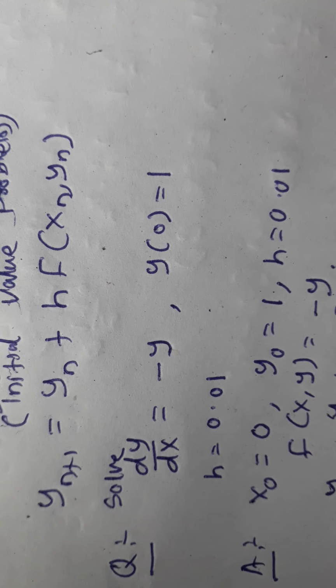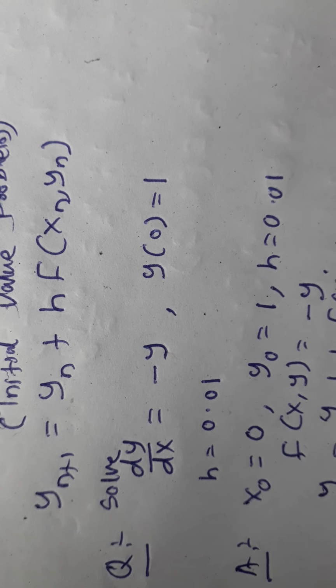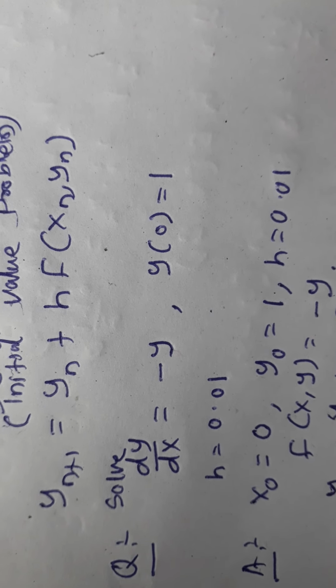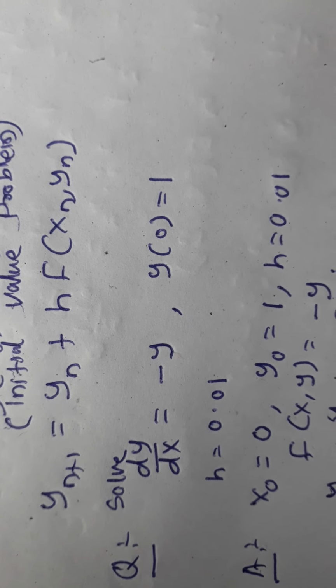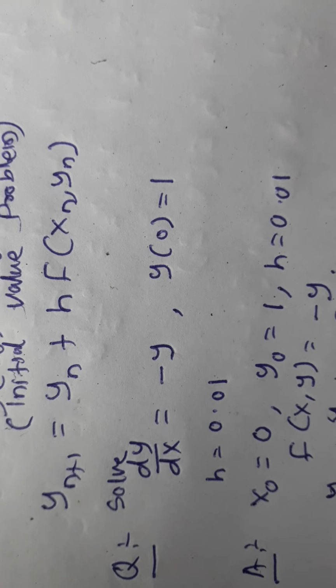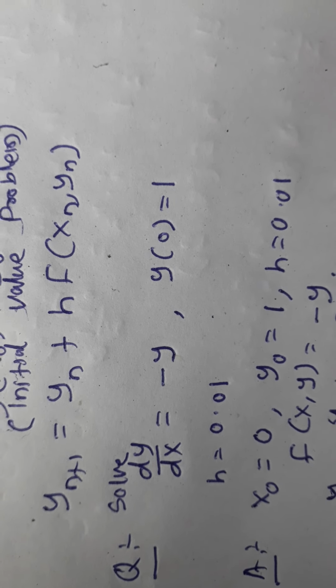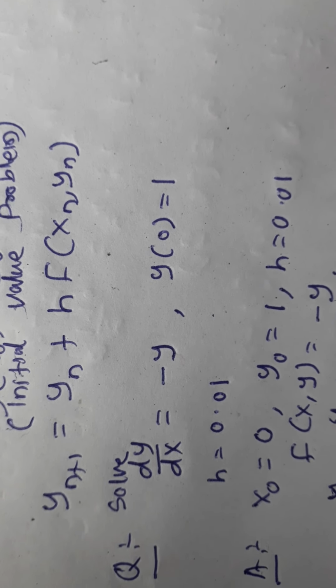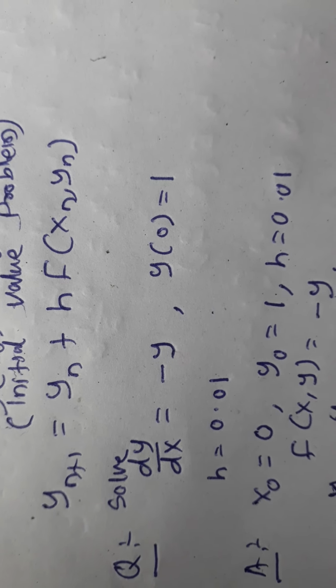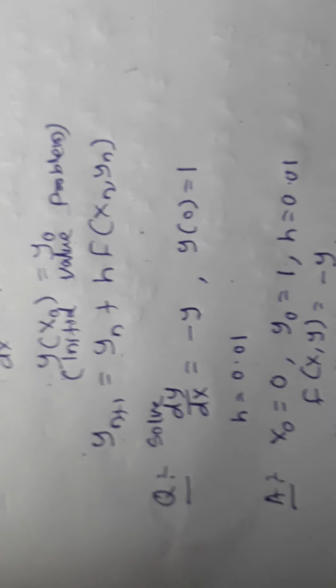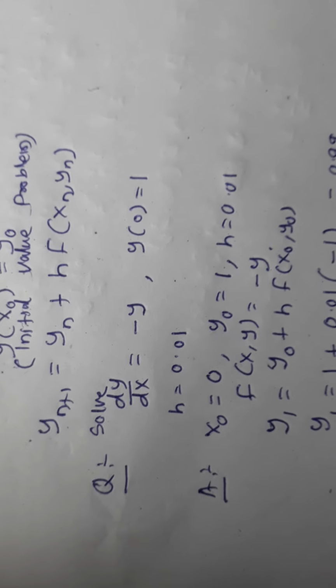And the question will be given like this: dy by dx equal to some function of xy. The initial value will be given, y of 0 means y0 will be 1, and h equal to 0.01. So these are the given data.